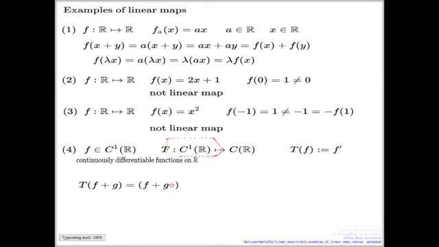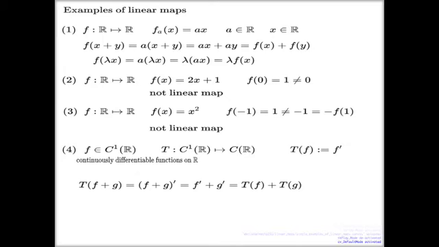Here we employ the nature of the derivative, which we know very well. When you differentiate a sum, this is as good as taking the derivative of f and g individually and then summing the result. And that is T of f plus T of g. That's why requirement A is satisfied for differentiation.